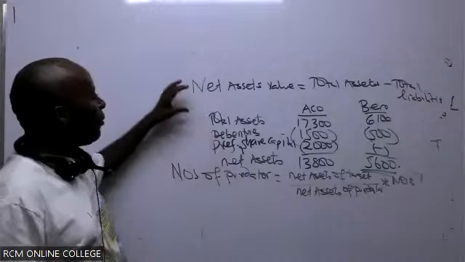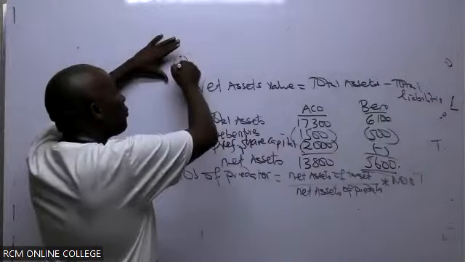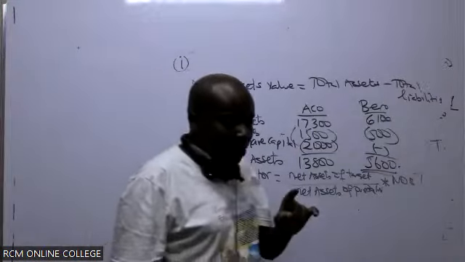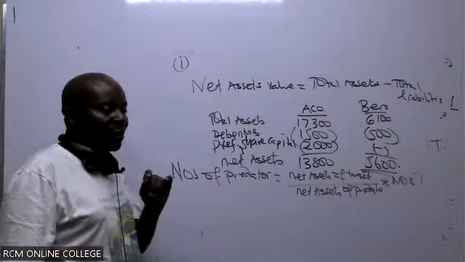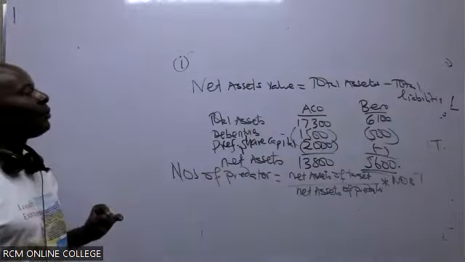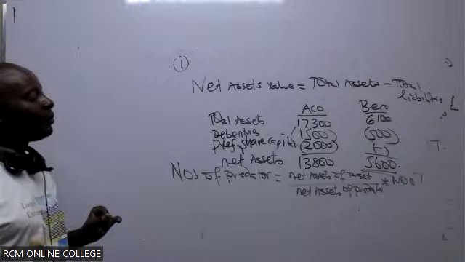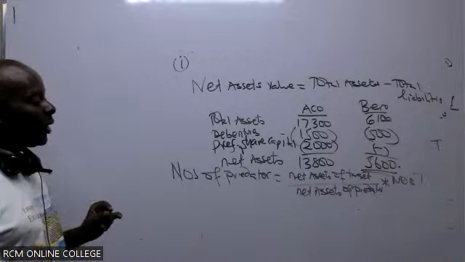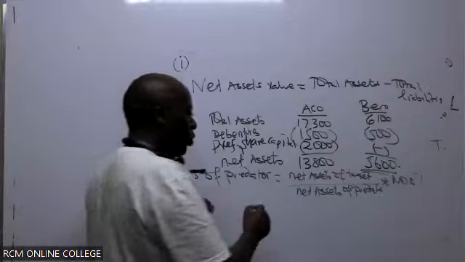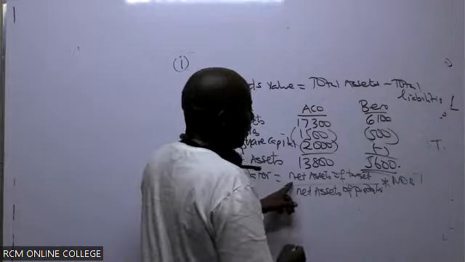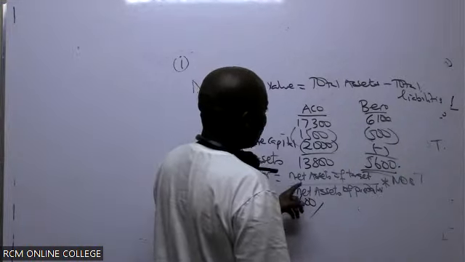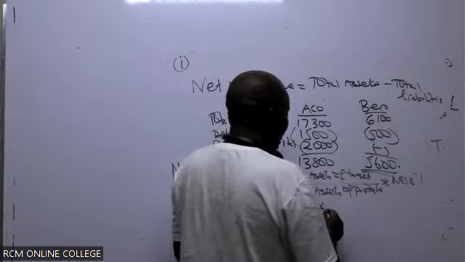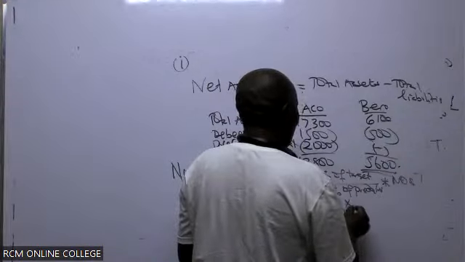Because for Roman 1 here, they have told us to use the net assets value basis. So, ladies and gentlemen, this is what I will do. We have net assets of the target company, 5,600, over net assets of the predator, which are 13,800, times our 500 down there.